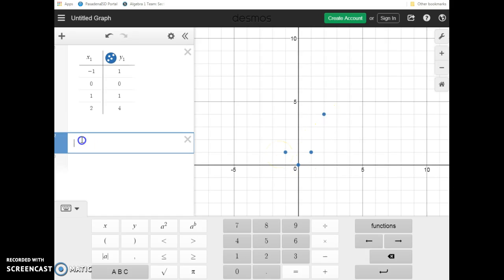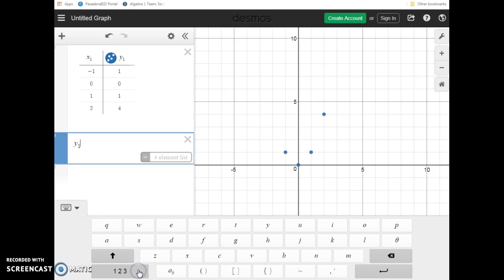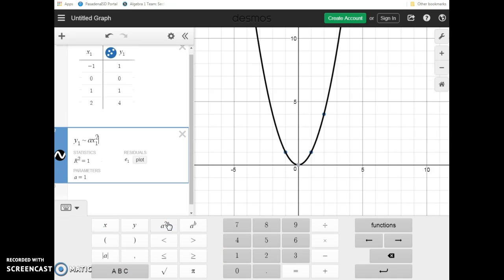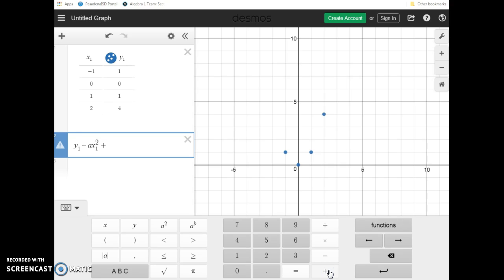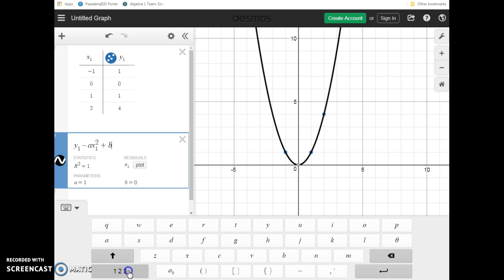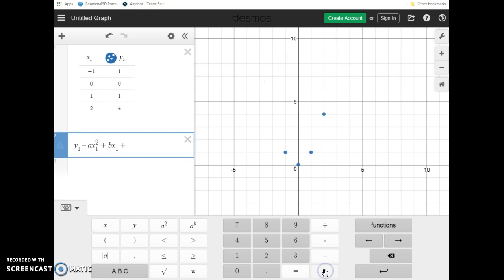So here, when I add my equation, it's going to be y1 approximately ax1 squared. Here's the square button. Plus bx1 plus c.